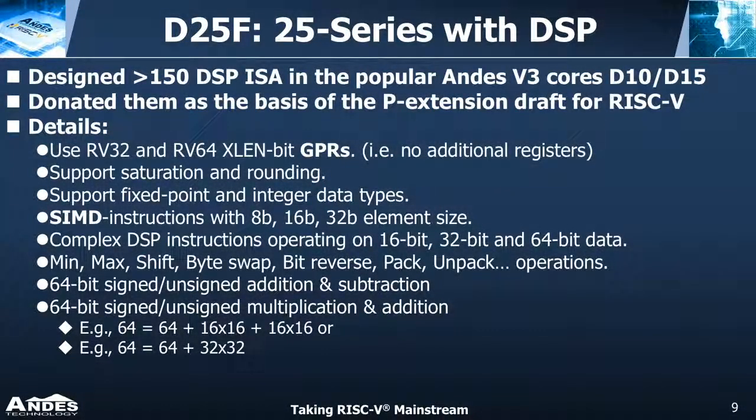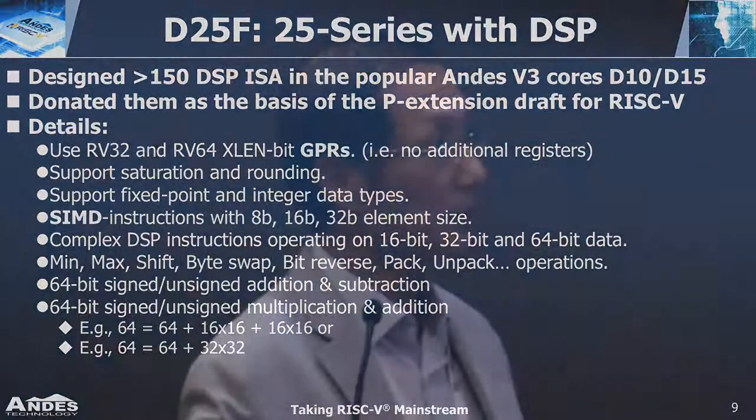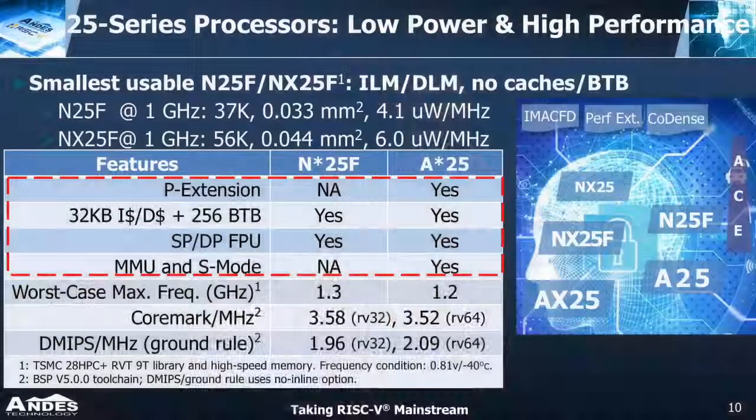We put this DSP coming from our existing core D10 and D15, which was designed 3 to 5 years ago, and we donated it to the RISC-V community to be the base of a P extension ISA. And this ISA is still under review of this task group. We expect to make it a standard very soon, but we now launch this product with a P extension draft.